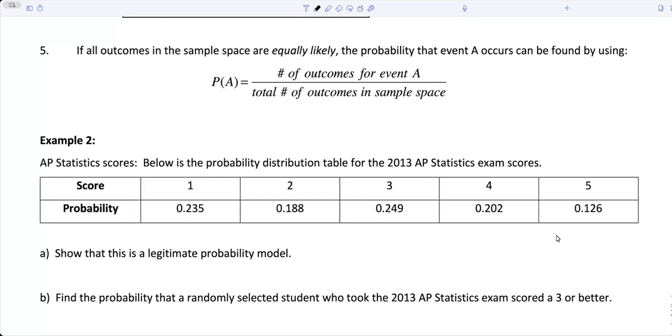It changes slightly, based on a number of factors, like how many students take the exam, how well they did, etc. But notice about 24% scored a 1 that year, about 19% scored 2s, almost 25% made a 3, little over 20% made 4s, and then about 12.5% scored 5s.